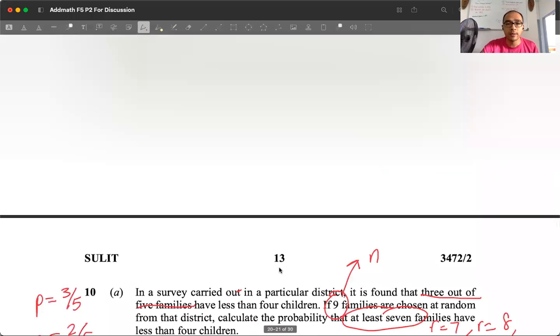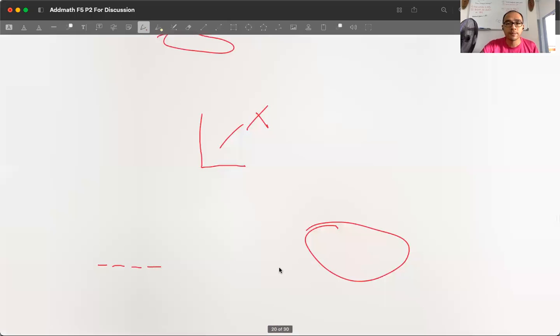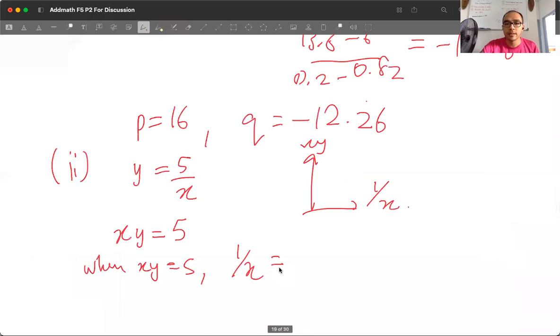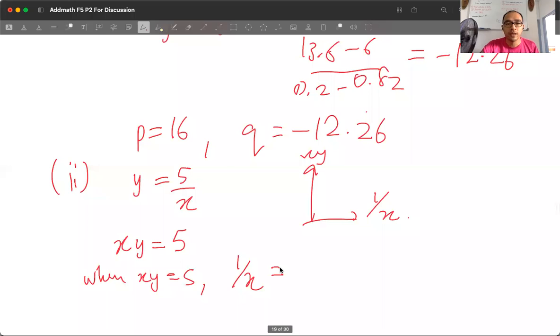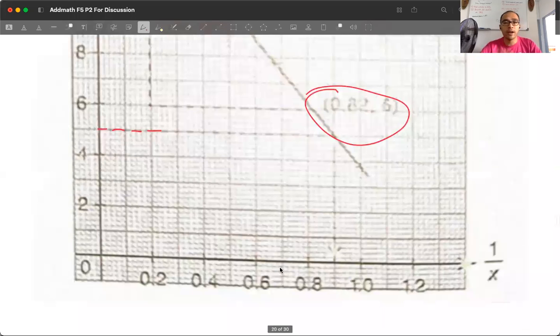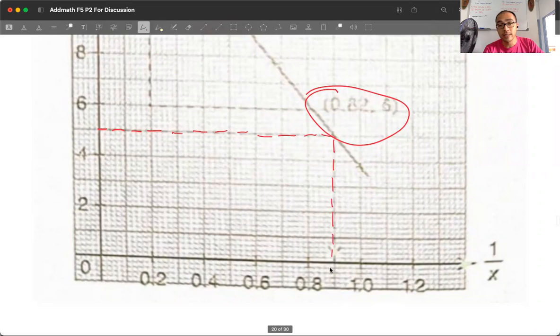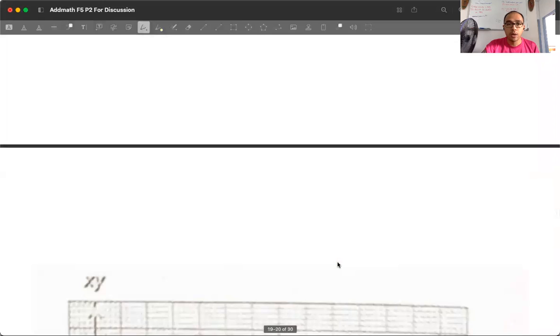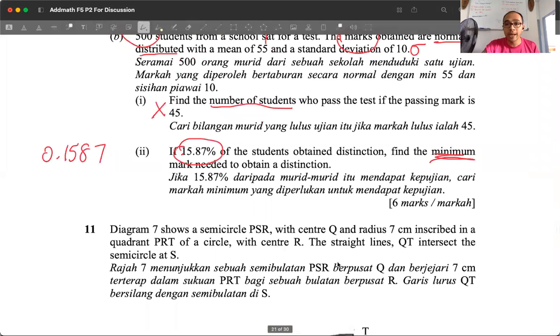Okay, so when xy equals to 5, wow, tepat pula saya letakkan. So, dot. Ini mesti ditunjukkan, tidak ditunjukkan, tidak ada markah. So, according to my graph is 0.9. Okay, so 1 over x, kenapa bukan x?